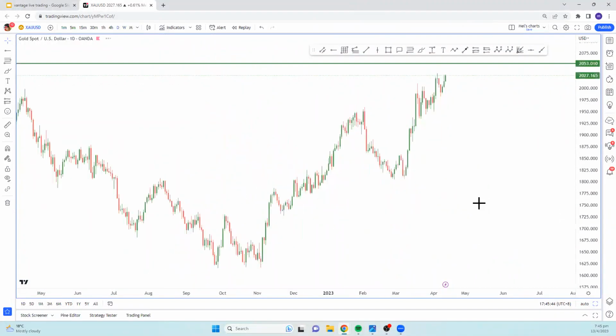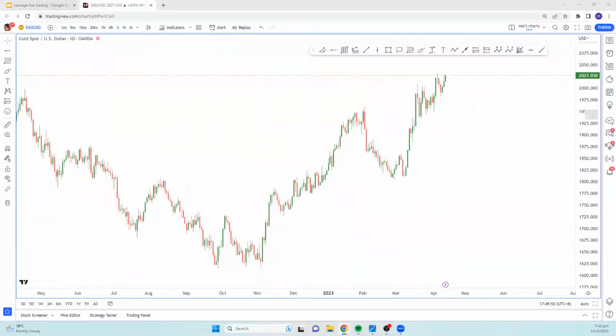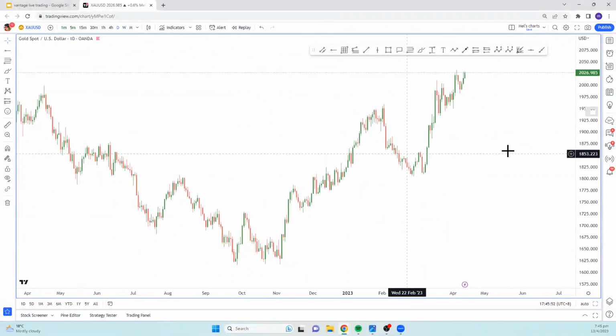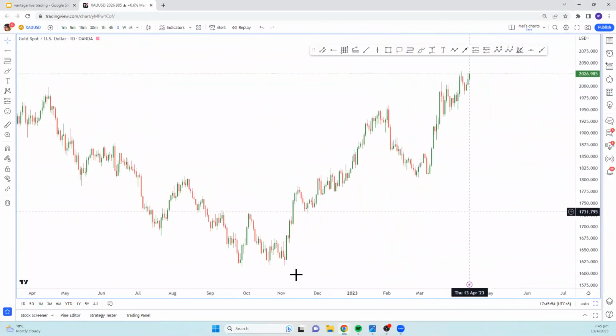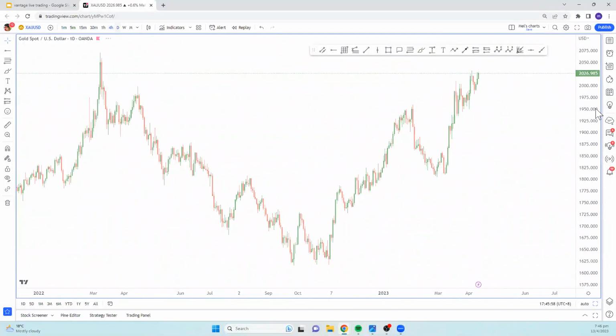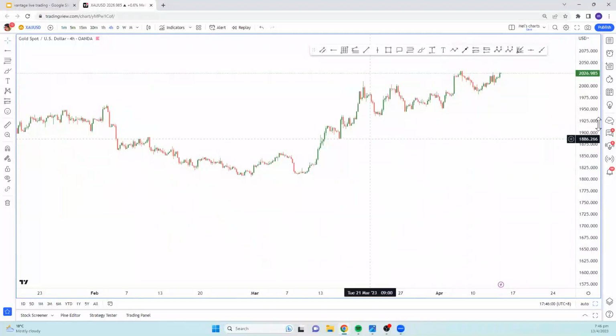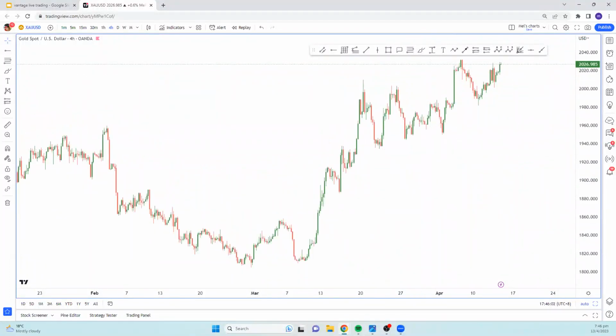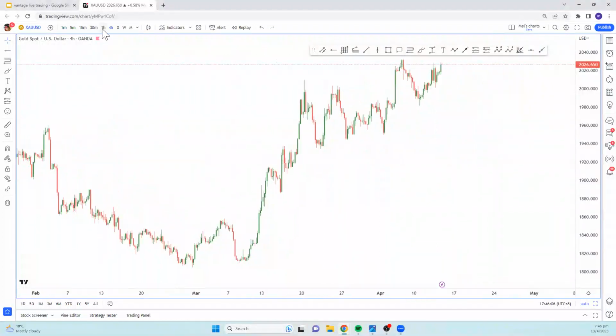Let's zoom into the daily time frame. Okay, on the daily time frame, it also gives us a bullish trend. Now 4 hours, and 1 hour.